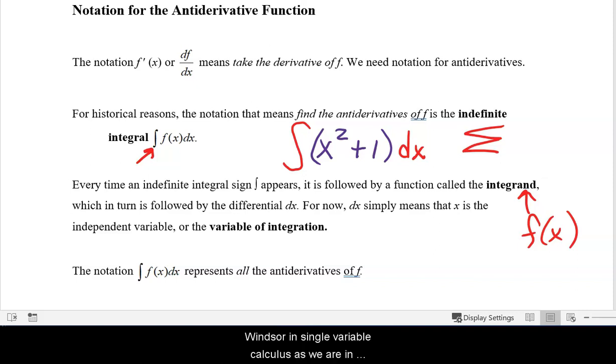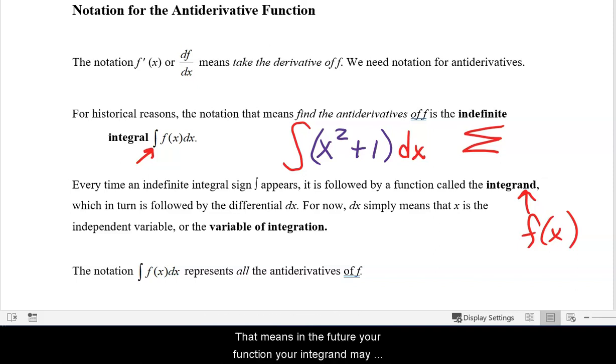When you're in single variable calculus, as we are in Calculus 1 and 2, this doesn't seem to make a lot of sense to students, and they have a bad habit of leaving off the dx. To discourage that behavior, you can be sure that on a test, if you leave off the dx, you will automatically lose 20% of the points immediately. The dx is important because when you get to Calculus 3 and beyond, we do in fact live in a three-dimensional world, and we use time to represent the fourth dimension.